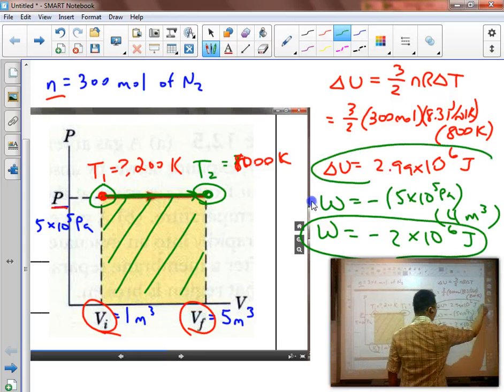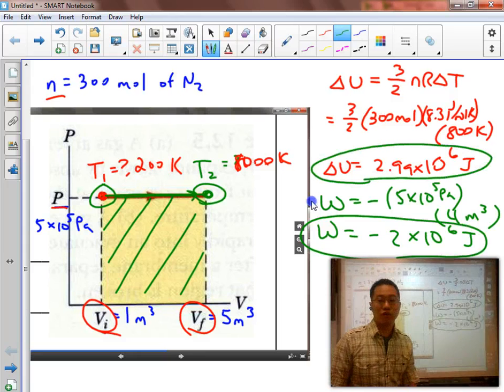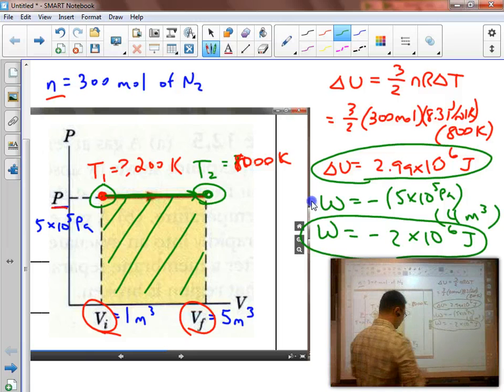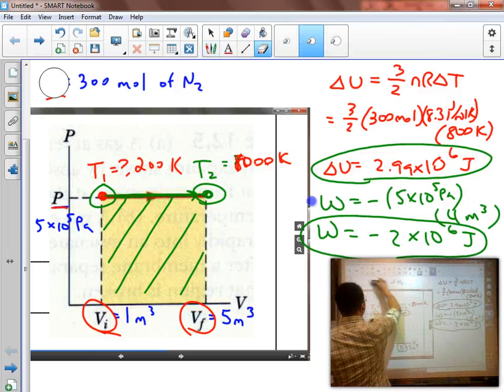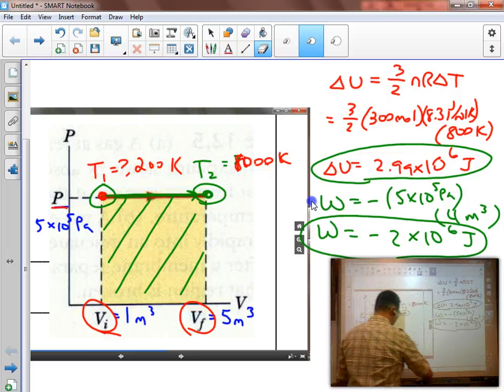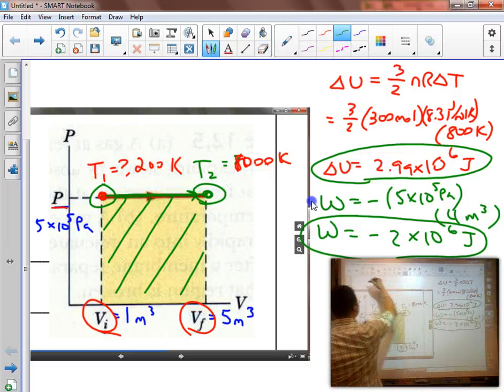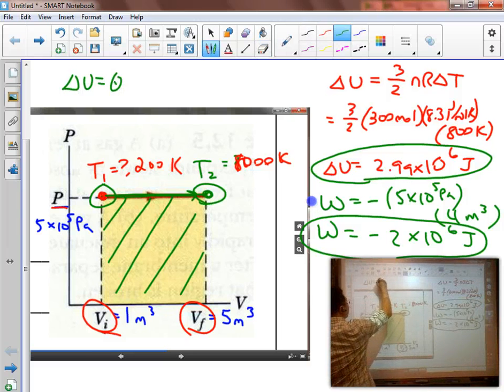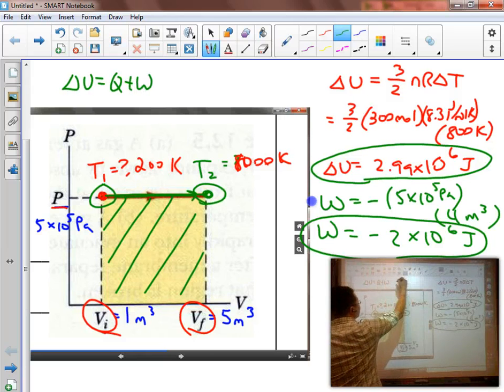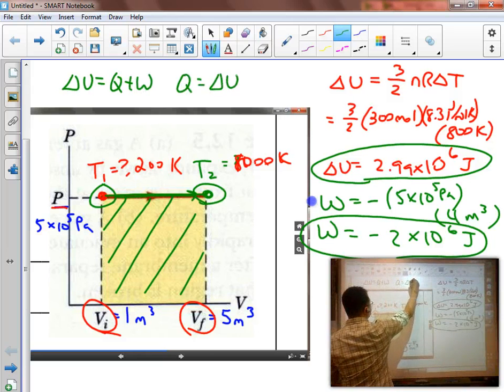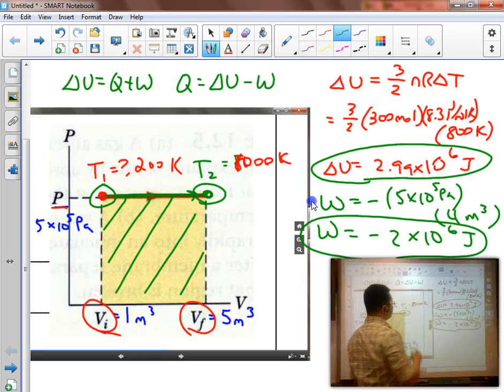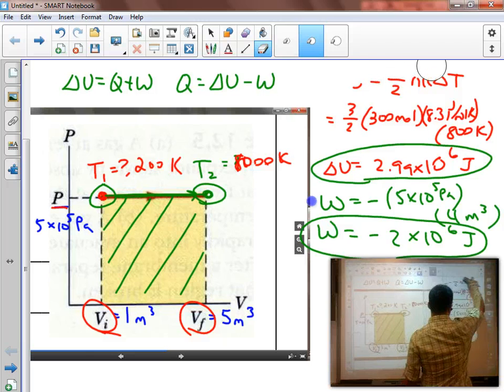We now know the delta U. What could we solve for next? Well, if we know delta U and we know work, we could solve for Q. Delta U is equal to Q plus W. Q would simply equal delta U minus W. Now, this is where you have to be slightly careful because of your negative signs.